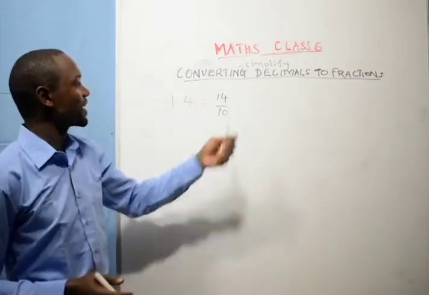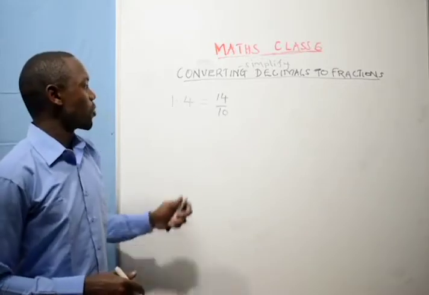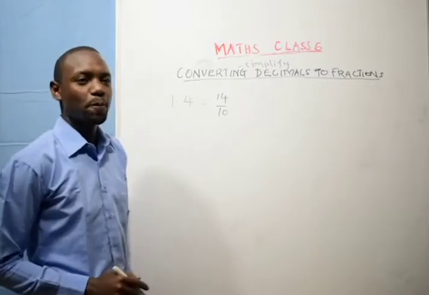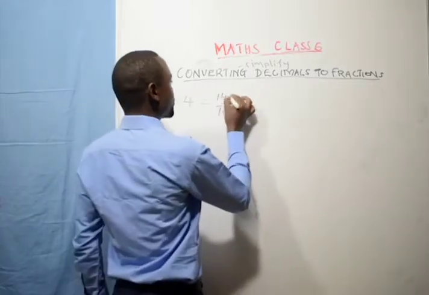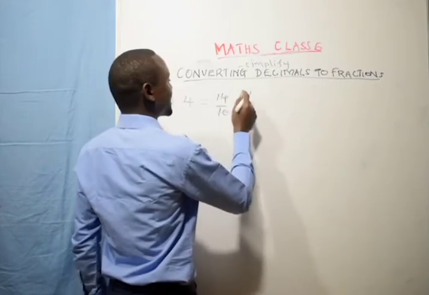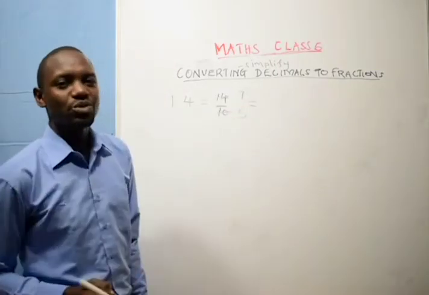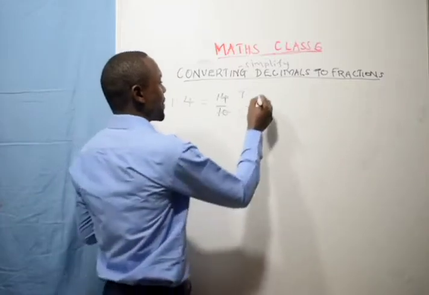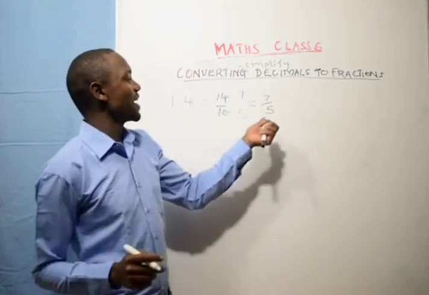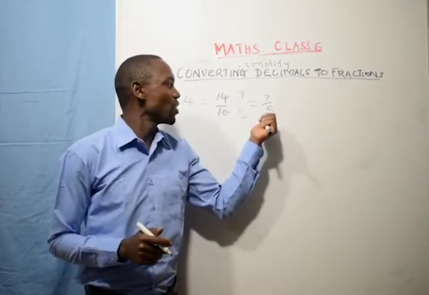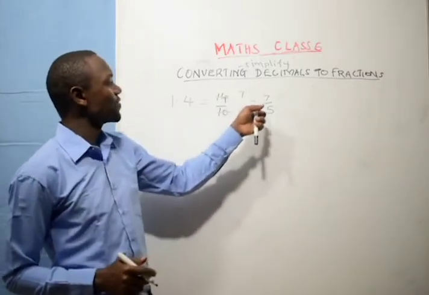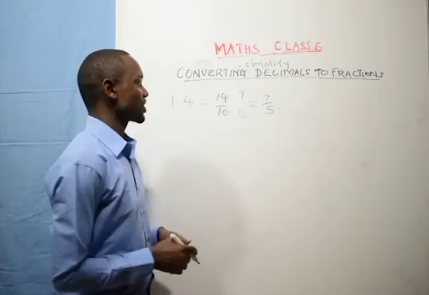Are we supposed to leave it at that point? No. We simply simplify. Are these numbers divisible by 2? Yes. So 14 divided by 2 is 7. 10 divided by 2 is 5. Are 7 and 5 divisible by 2? No. So we have our answer as 7 over 5. Should we leave this at this point? No. This is an improper fraction. So we have to convert it to a mixed fraction.